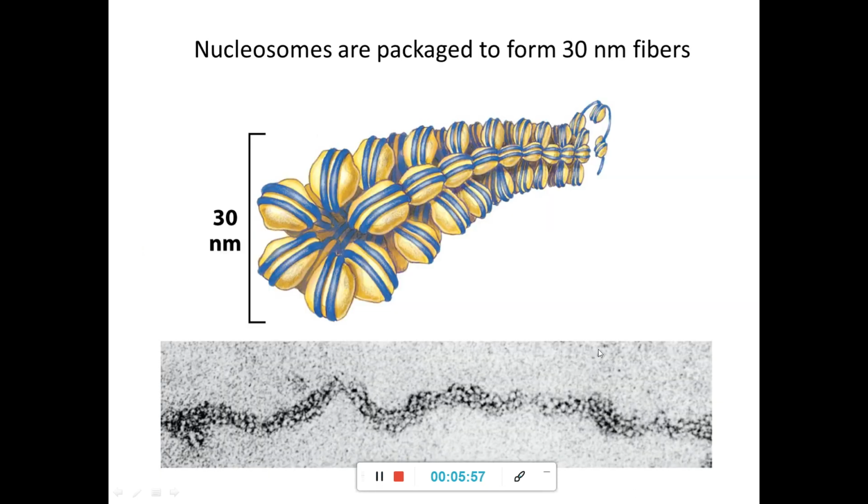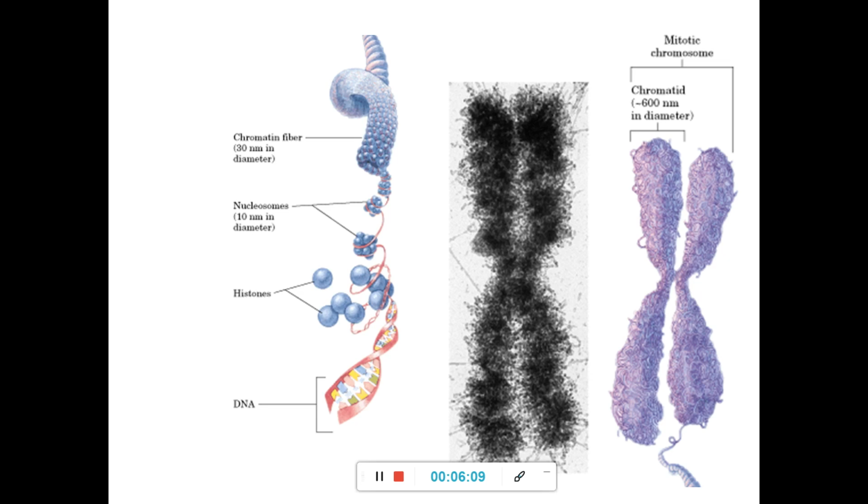The nucleosomes are then further packaged to form 30 nanometer fibers, and this is the electron microscopic view of that 30 nanometer fiber. So when we start, you have DNA. The DNA is bound with histones; I told you they first bind as an octamer.